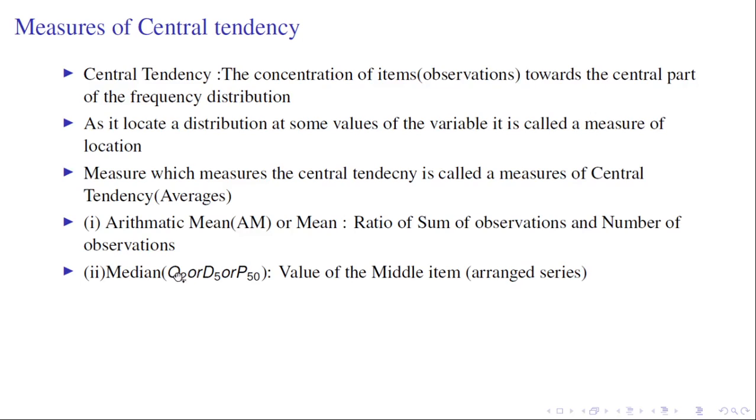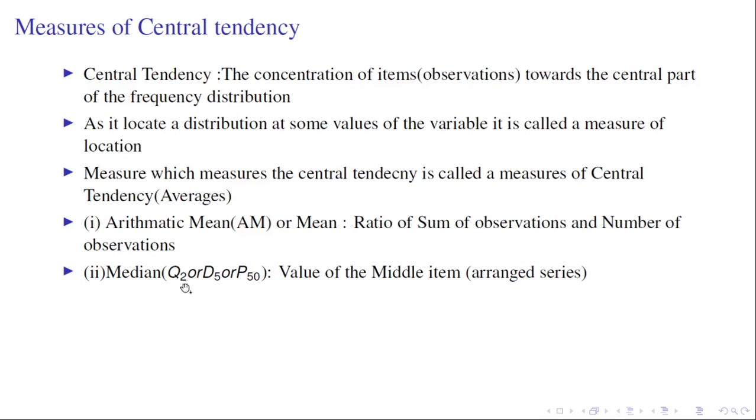Q2 is a measure which divides the total data into two parts only. It is the value of the middle item when arranged in ascending or descending order. There are 9 deciles which divide the entire data into 10 parts.